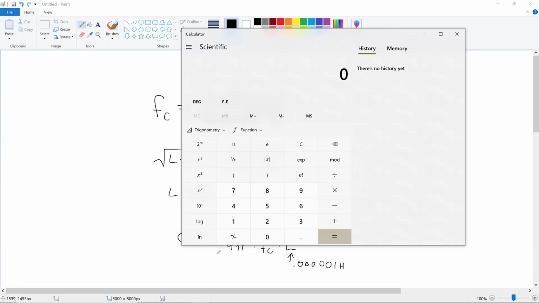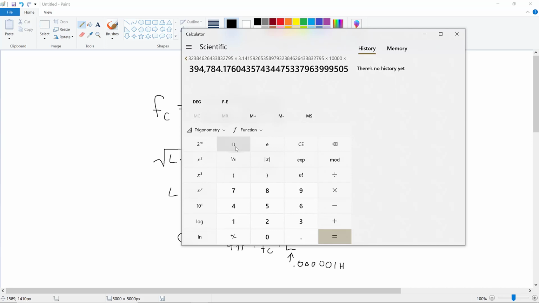So we said that the denominator was 4 times pi squared. So I'll just do pi times pi times f squared. So f is 100. 100 squared is 10,000. So we'll multiply by 10,000.